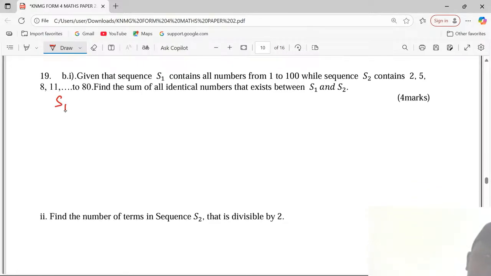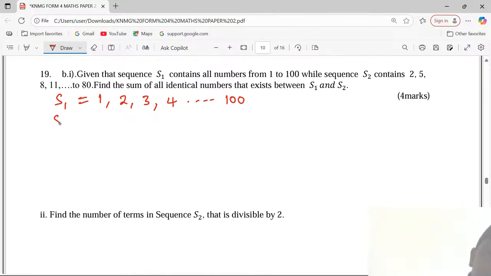Sequence 1 is having 1, 2, 3, 4, all the way to 100, all the numbers. Then sequence 2 is having 2, 5, 8, 11, all the way to 80.